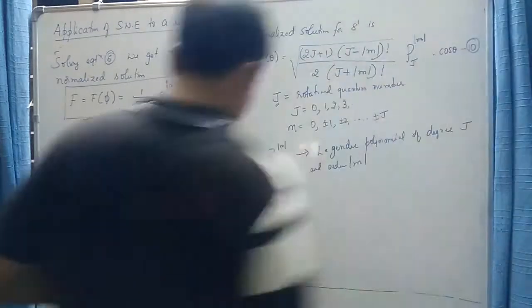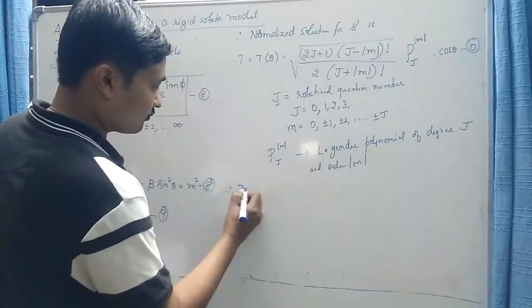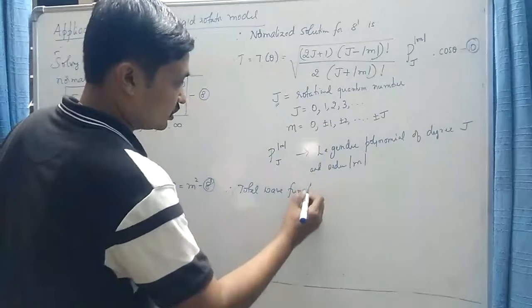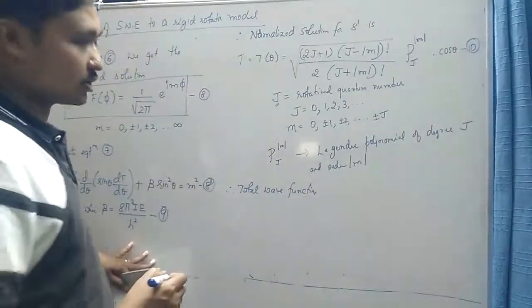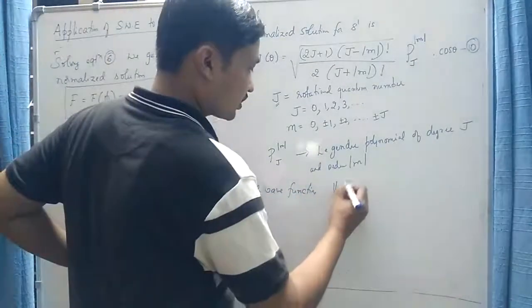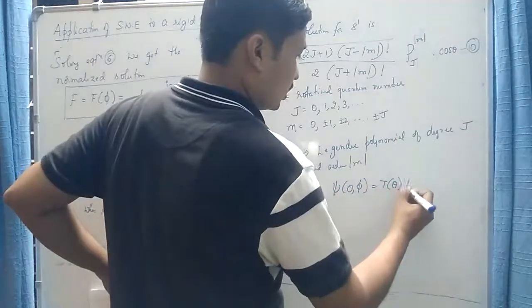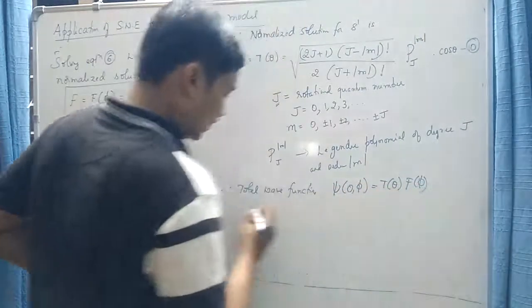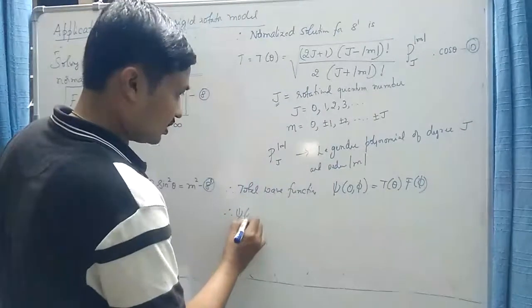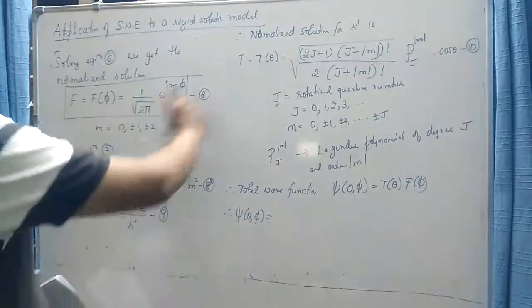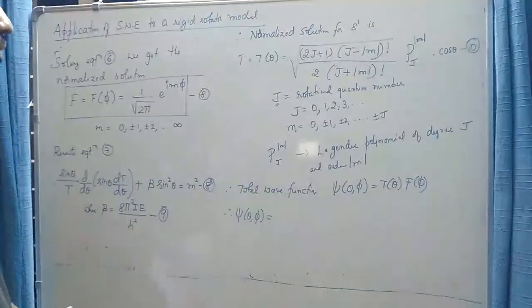Therefore the total wave function: if you go back to the method of separation of variables, the total wave function psi of theta comma phi is T of theta into F of phi. If I multiply equation number 8 and equation number 10, we get the total wave function.